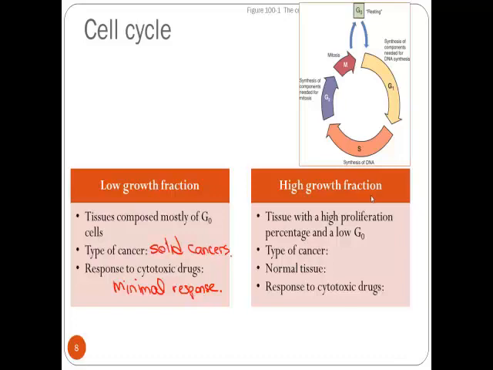And then tissues with a high growth fraction have a lot of their cells in the active phase and just a few in the resting phase. The type of cancer that typically has a high growth fraction are disseminated cancers. So these would be your leukemias and your lymphomas.